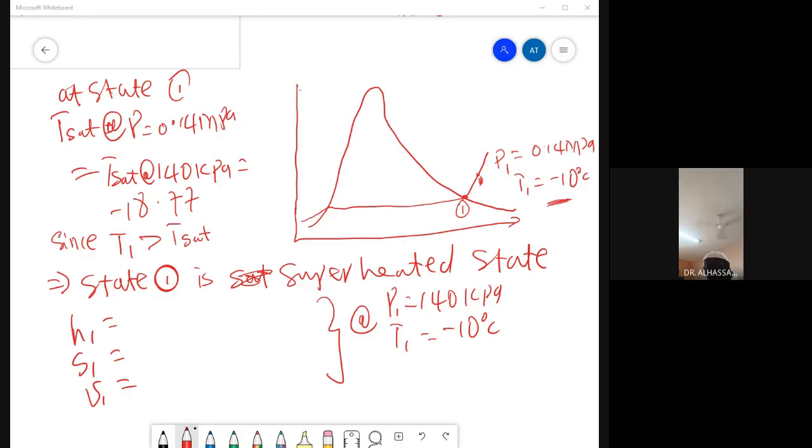Let me see. So the enthalpy and entropy are this.